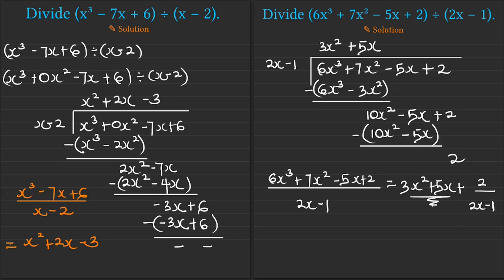So the quotient plus the remainder over the divisor. As simple as that. So you realize that whether the coefficient of our divisor is not 1 or it is 1, you still use the same procedure and you get your right answer.